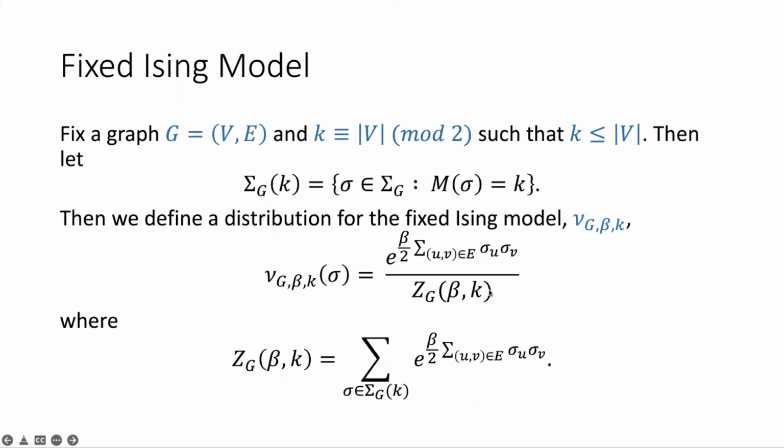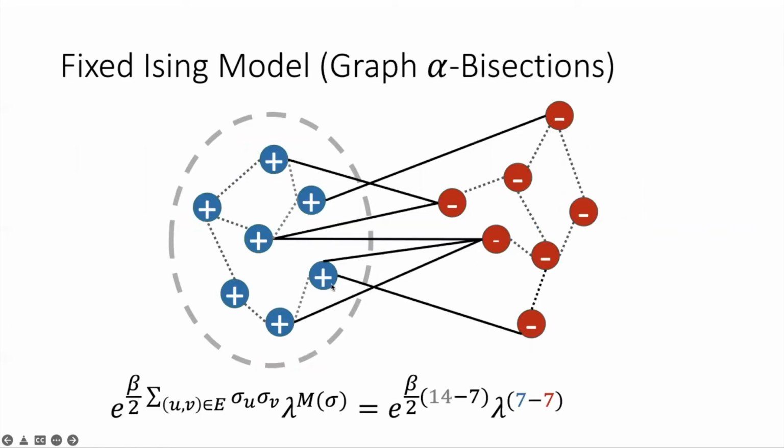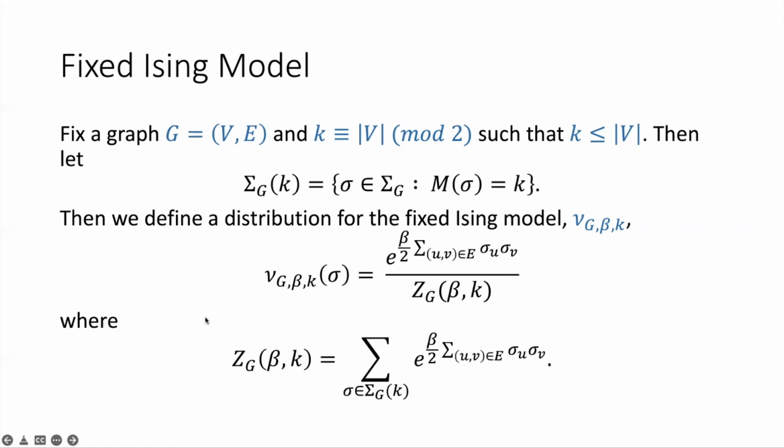And you'll see here, I've taken away the lambda to the magnetization, and hopefully it isn't too big a jump to say, well, okay, every single cut I care about is going to be lambda to the 0 or lambda to the k, so I can just cancel that out. So now we want only a distribution based solely on the number of edges. Again, we're doing those not cut minus those cut, and we define a partition function again very similarly.